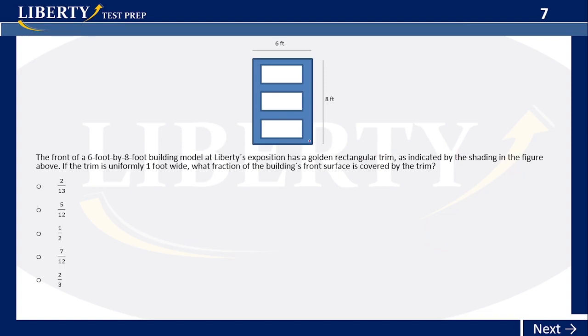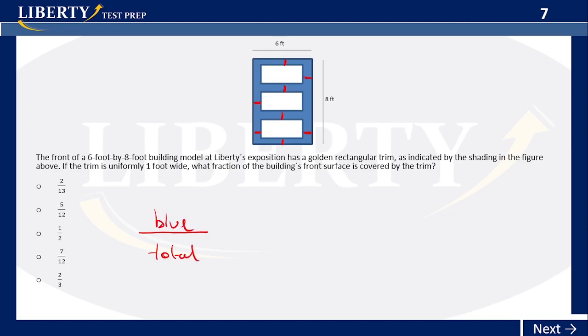What else? If the trim is uniformly 1 foot wide, so this trim uniformly, so it means in any position you get it, it's always going to be 1 foot. What fraction of building's front surface is covered by the trim? Okay, the fraction. So basically, if it's a fraction, here you have the total surface, and here you have the blue.